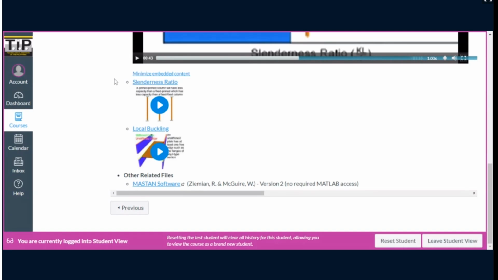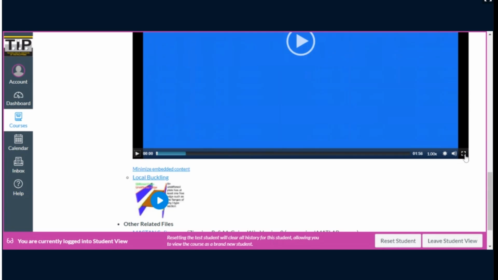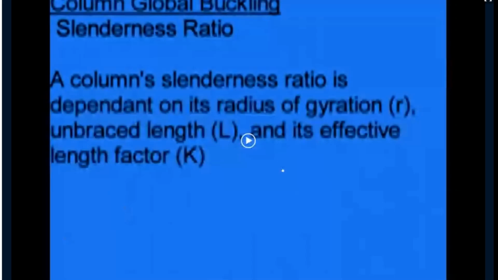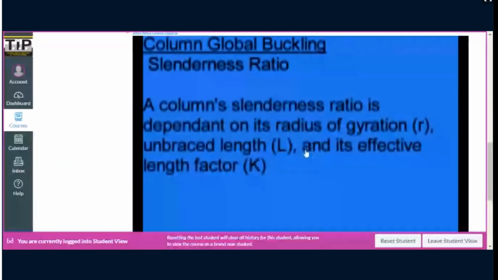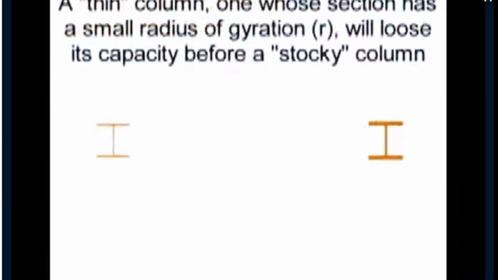Right, so next we have the slenderness ratio. Okay, medyo nagloloko yung video. Yes, sorry. So it highlights the importance of the slenderness ratio.